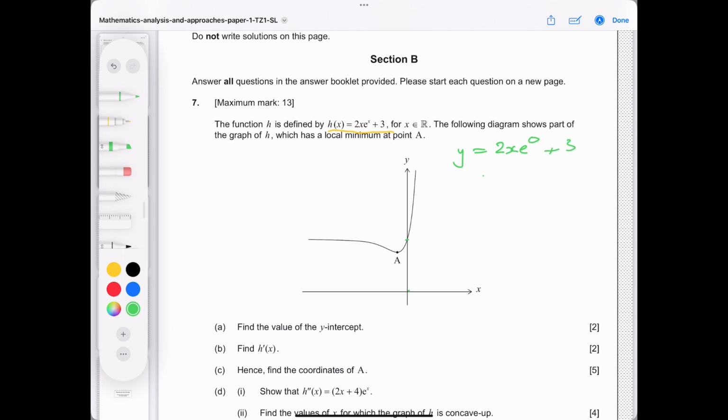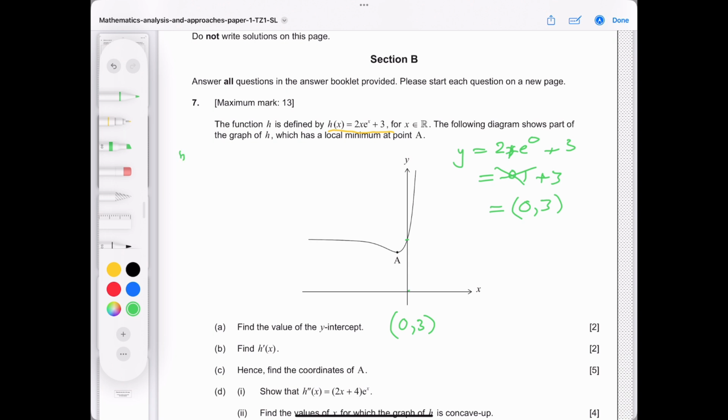Now e to the 0, like anything to the 0, is 1. But then the 2x is 0 as well, so this bit is cancelled out, plus 3. So the point where this slightly odd graph goes through the y-axis is going to be at 0, 3. So that's the idea there. Now find h dash x. So find the derivative of this.